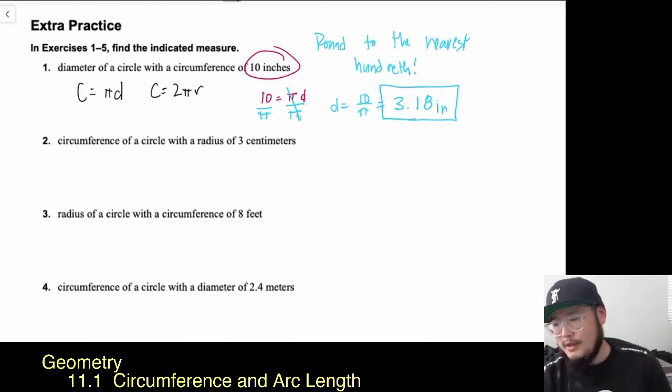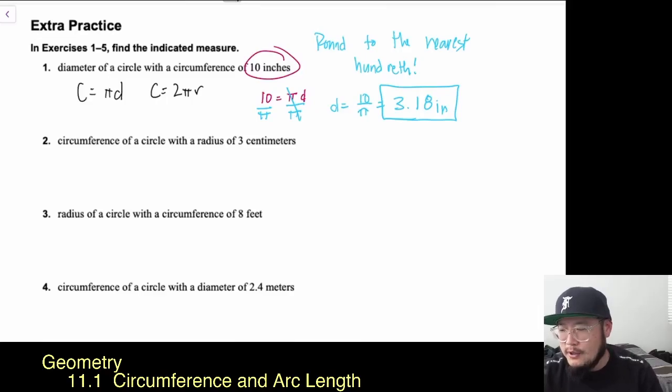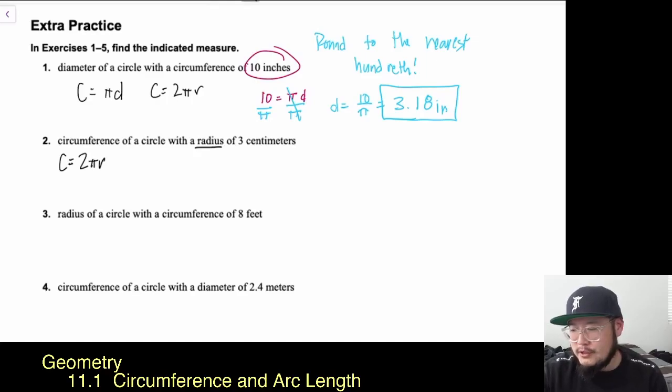Okay, let's go ahead and go to number 2. On this one right here, out of the 2 equations for circumference, they're saying, all right, we have a radius. I want to use circumference is equal to 2 pi r. We're finding the circumference. This time they give us the radius. So we go ahead and plug that in. We got 2 pi times 3.